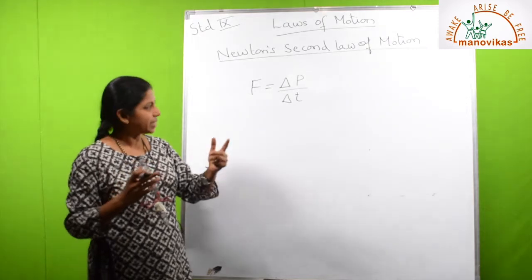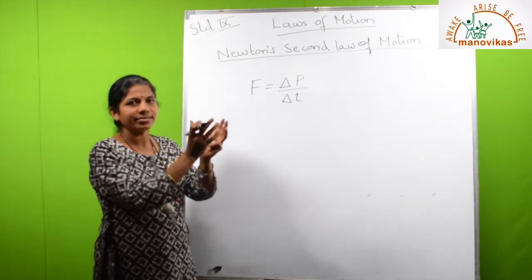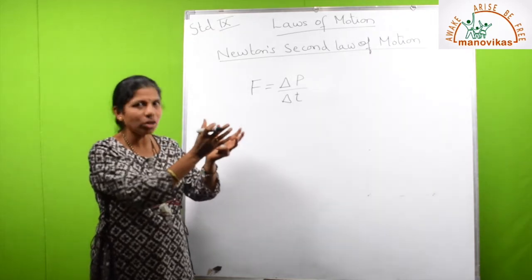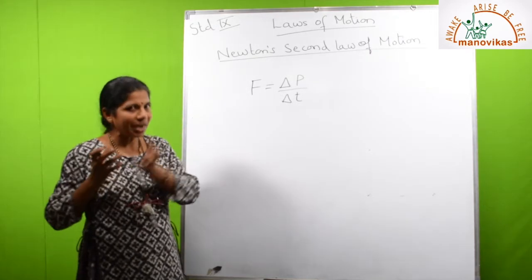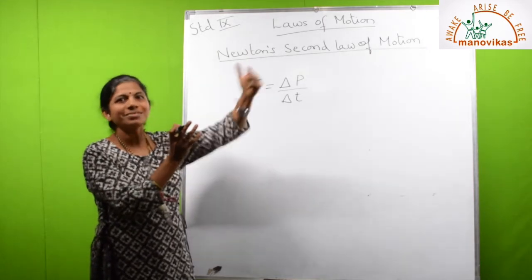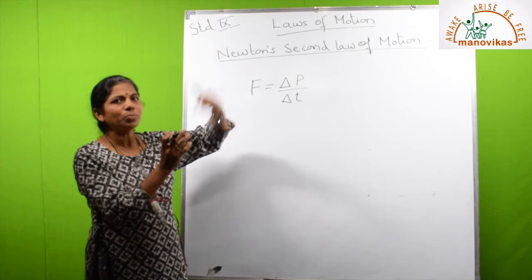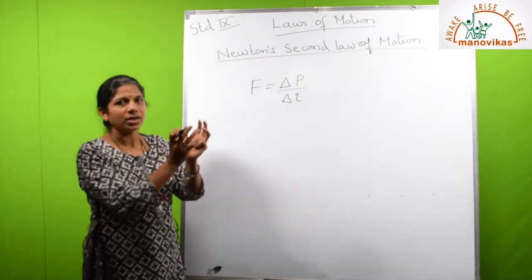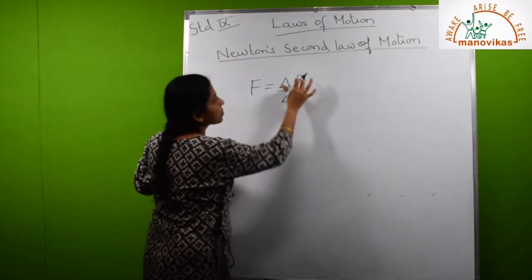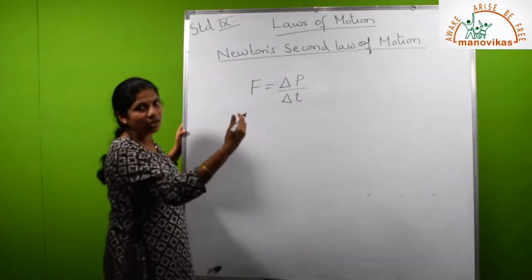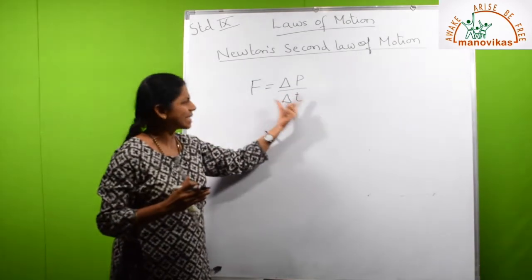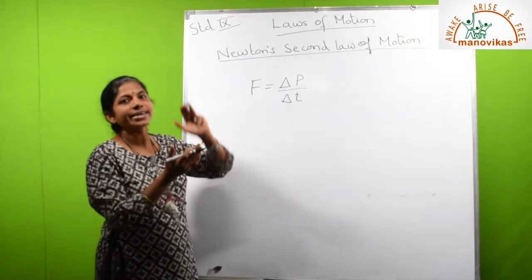I'm going to explain what happens if he holds his hands at the same position. If he holds his hands in position and the ball comes and hits, the ball comes with great momentum. It has got mass, it has got velocity. So if you are not moving your hand backwards, within no time this value becomes a great value. The time factor is in fact negligible, so your hands can get hurt.